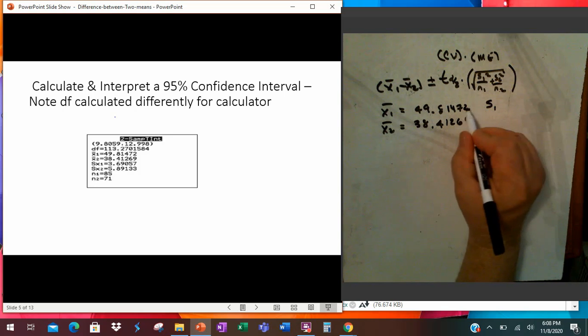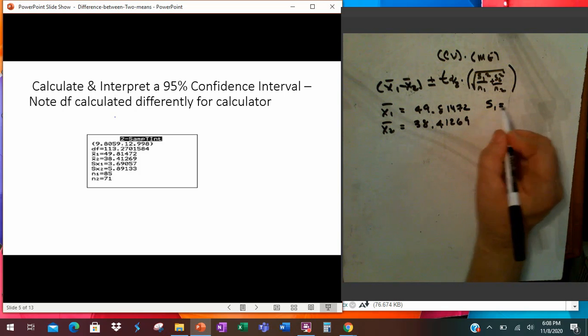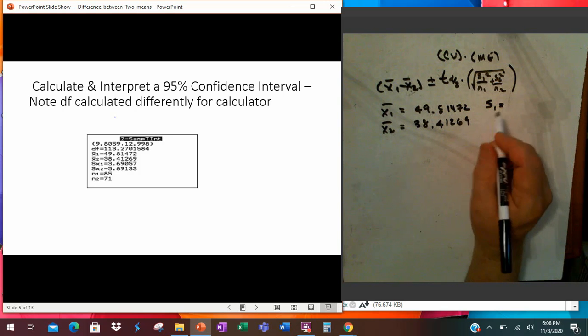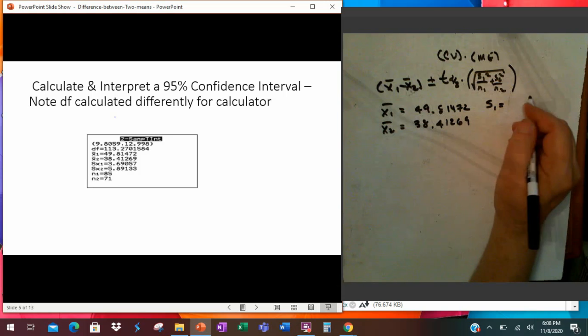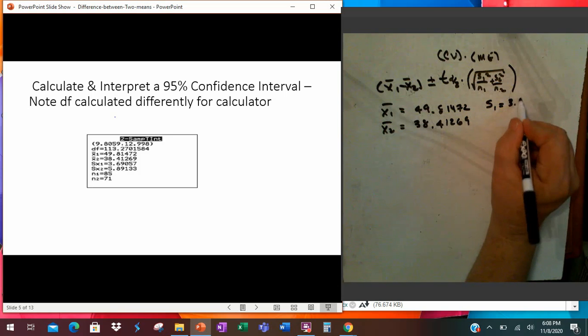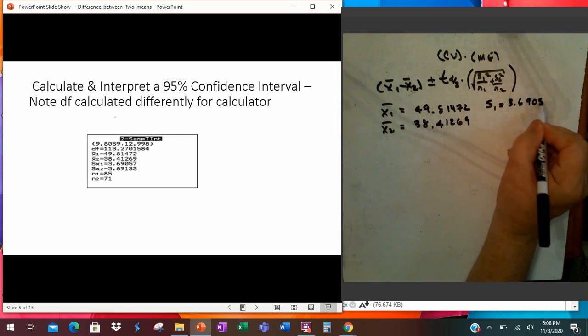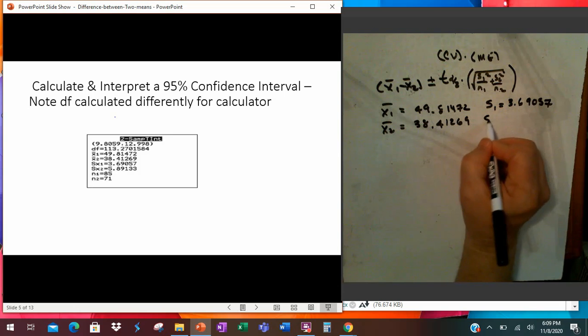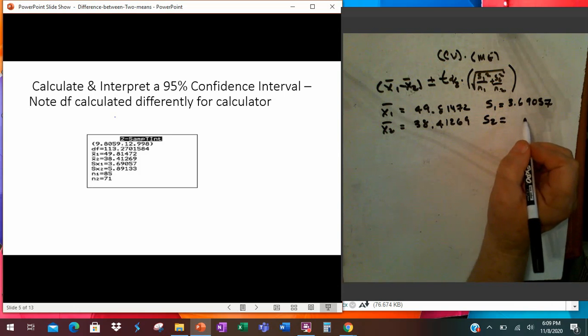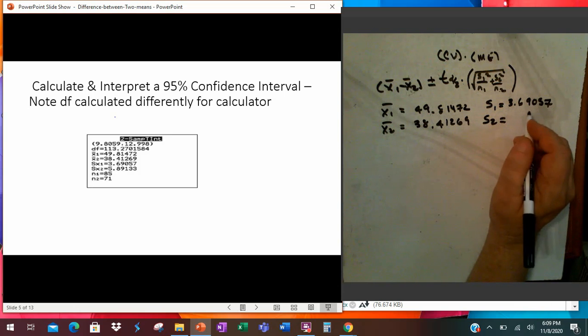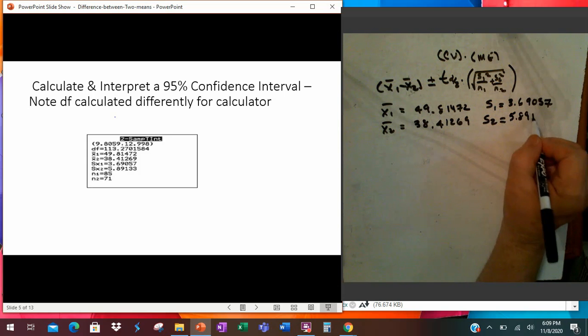My s1, which corresponds to this, it says s sub x1, but that's what that is, 3.69057. And then our s2 is just 5.89. Almost misread it. 5.89133.